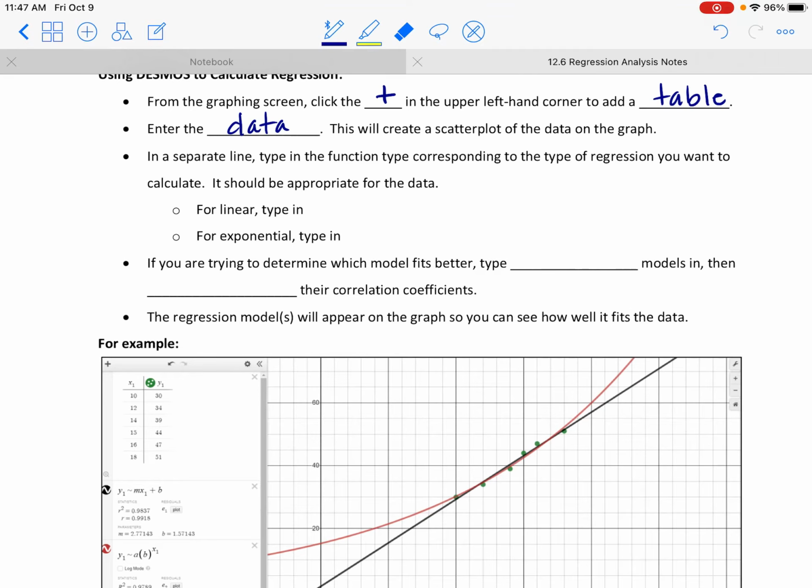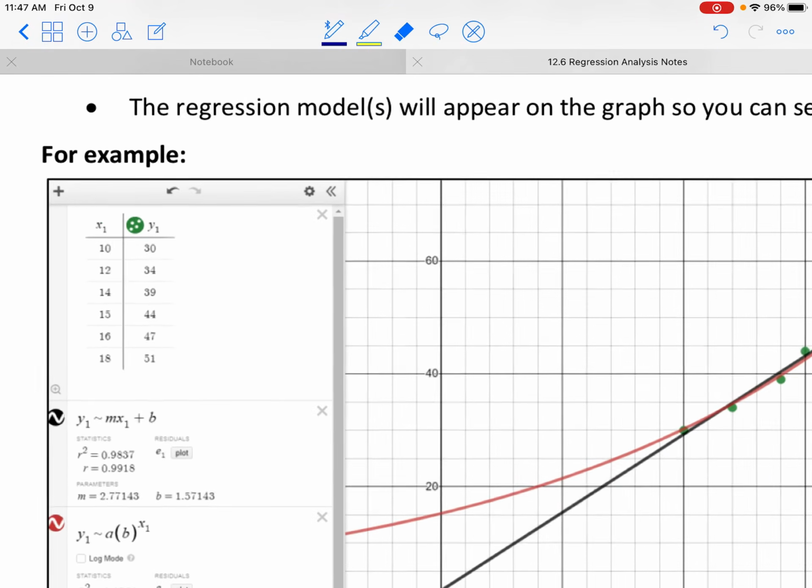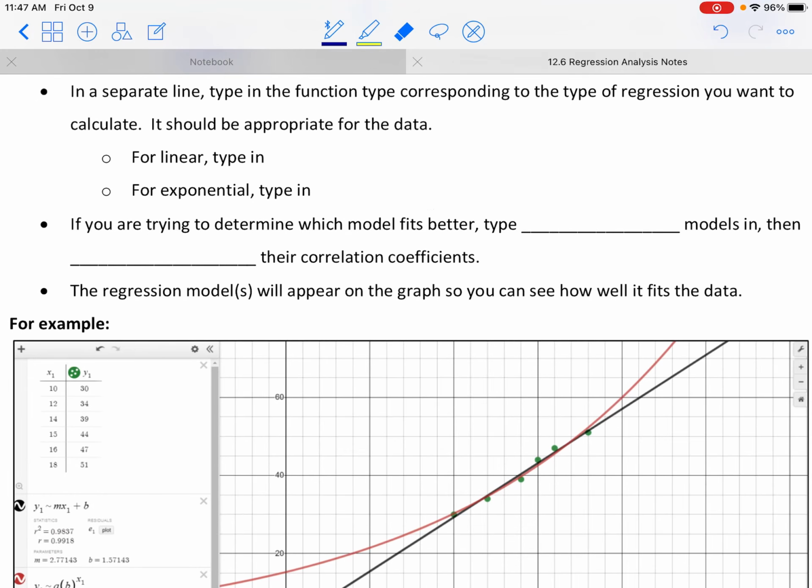Okay. Now in a separate line, so we're going to be entering our data in the first line here. In a separate line, we're going to either want to calculate a linear or an exponential model. And sorry, I'm just going bananas with the highlighter here. If we want to calculate a linear model, we're going to be going off of the y equals mx plus b concept.